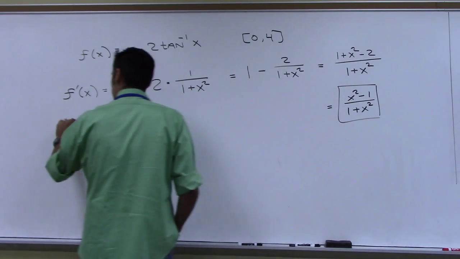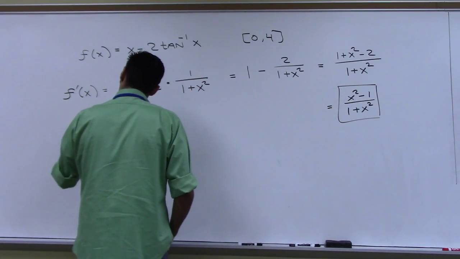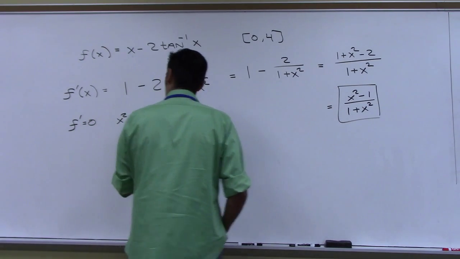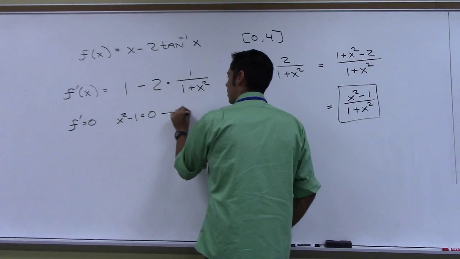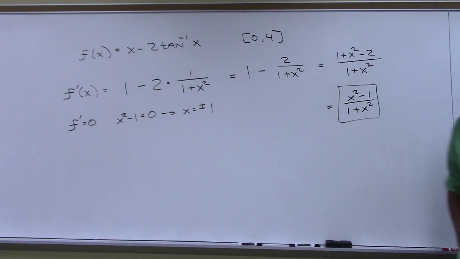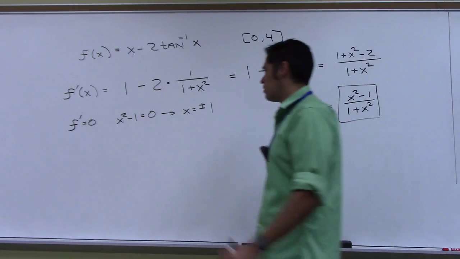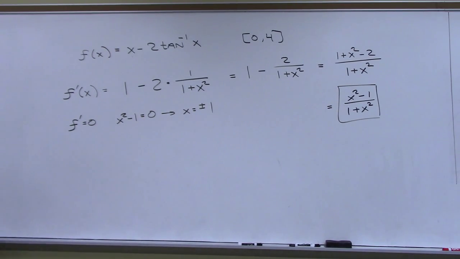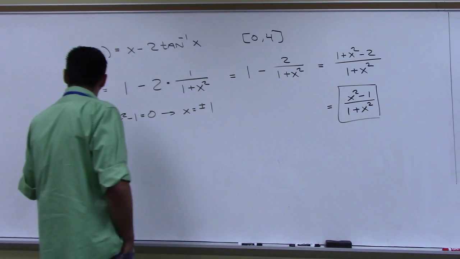I need to figure out where it's 0. That's going to be when x squared minus 1 is 0. And we're all calculus students, so plus or minus 1, either by difference of squares or by moving the 1 over and taking the square root, plus or minus, right? What about where the derivative does not exist?